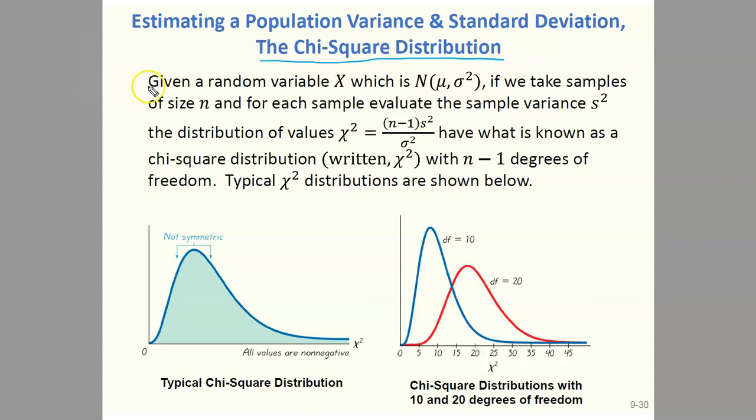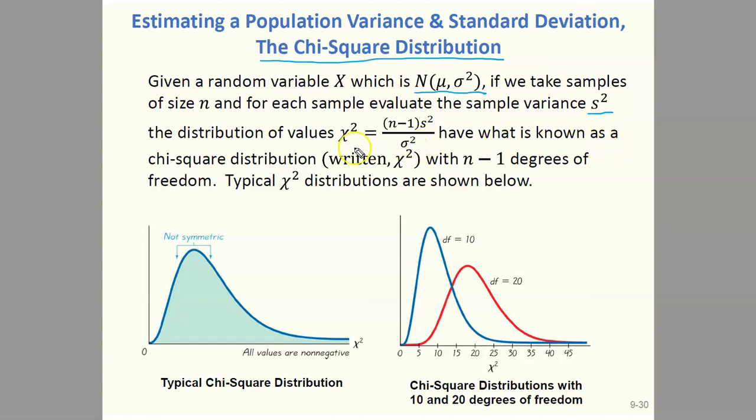So to start, suppose we're given a random variable x, which is normally distributed with mean mu and variance sigma squared. Now we would like to construct a confidence interval for the variance sigma squared. So suppose that we take samples of size n, and for each sample we evaluate the sample variance, s squared.